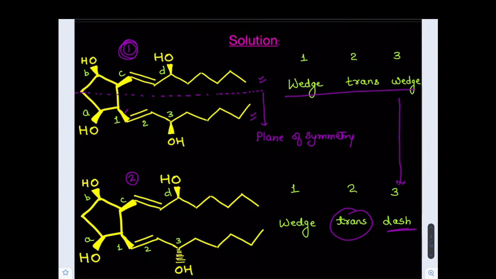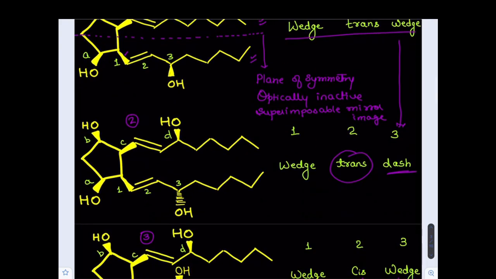Any molecule that has a plane of symmetry behaves as optically inactive, as it will have a superimposable mirror image. So this is going to be optically inactive. As a result, we cannot include this in our total answer. So we had 8, but 1 is gone.